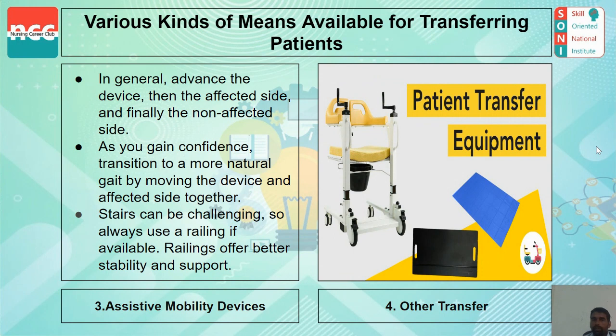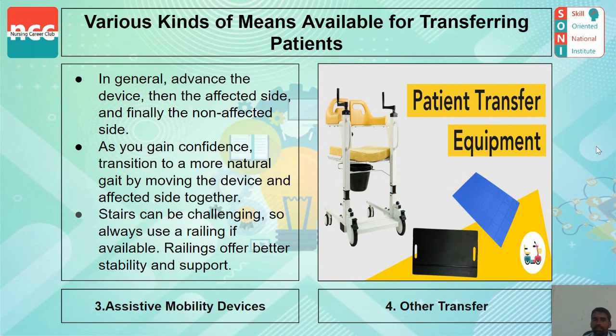As you gain confidence, transition to a more natural gait by moving the device and affected side together. It is a crucial confidence step in the transition of a patient with the help of the HHA, by using gait and moving the device and affected side together.